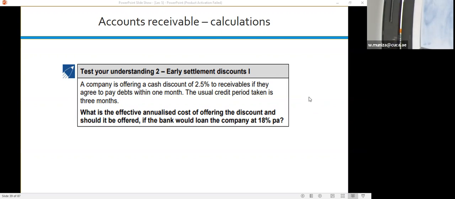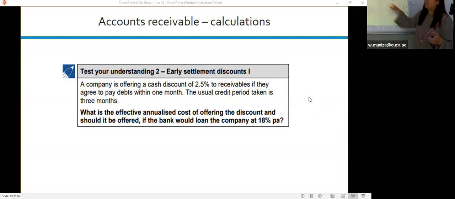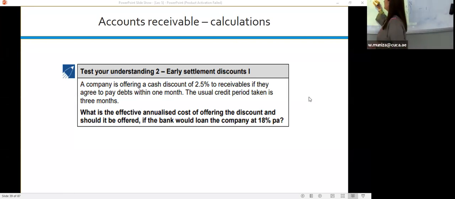Ah, 0.164. That seems to be correct because the difference is lesser. So it's 16.4%. Anyhow, 16.4 means the cost is lesser than the interest, that is why we accept. It means that we should be offering the discount. Got it?